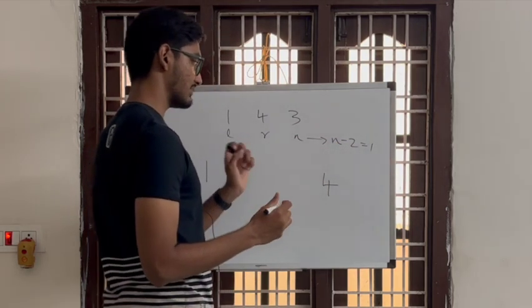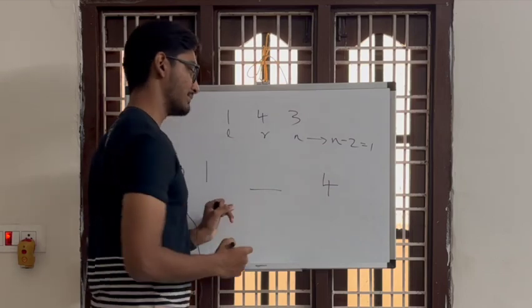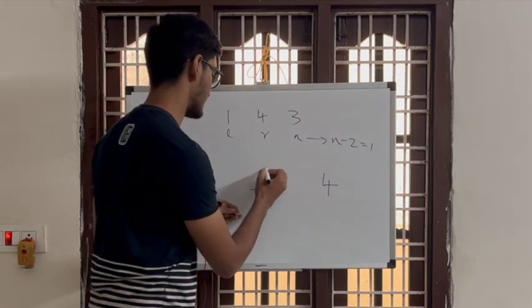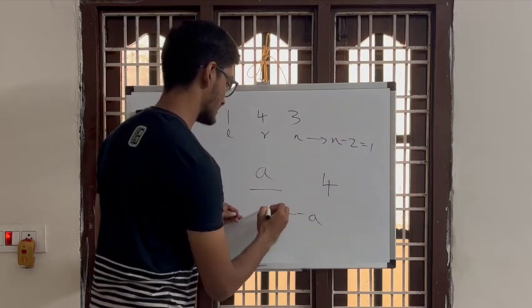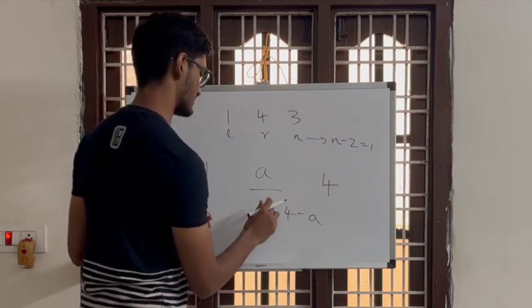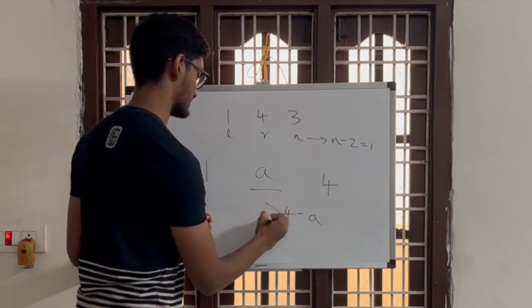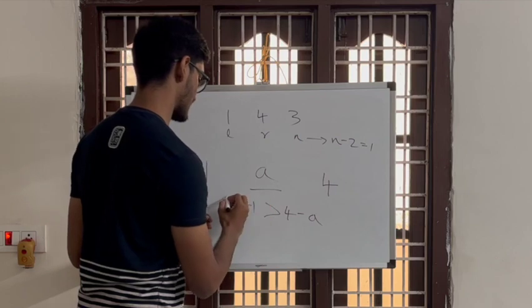So we just need one more element, and the number should be such that, let it be some a, 4 minus a should be greater than a minus 1 for b.